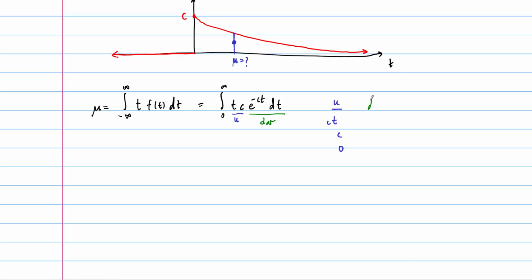We've got our dv, it's going to be e to the minus ct dt, and then minus 1 over c, e to the minus ct, and then 1 over c squared, e to the minus ct. And we know how to do this. The integral is going to be this times this minus this times this, right?